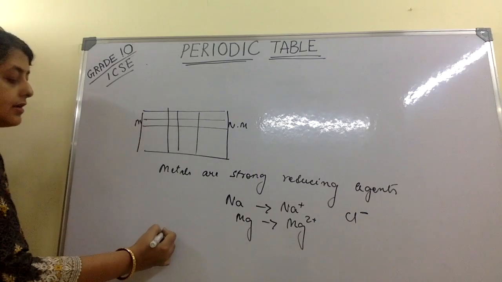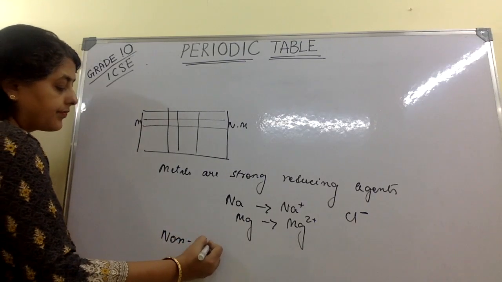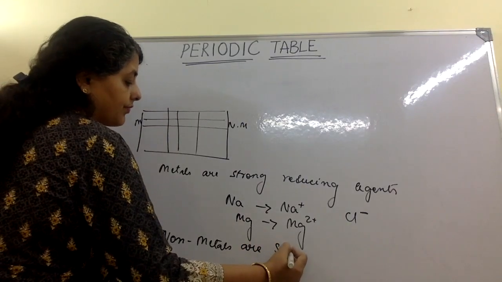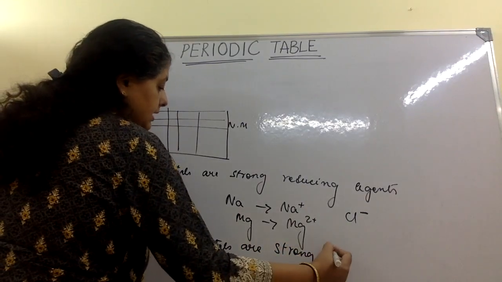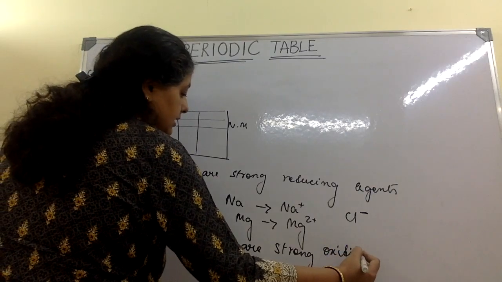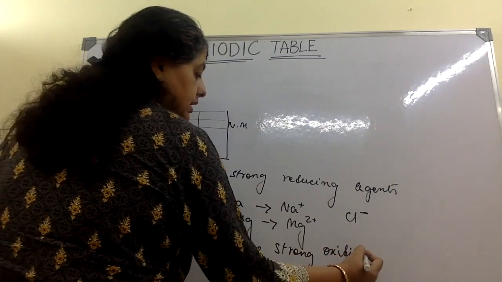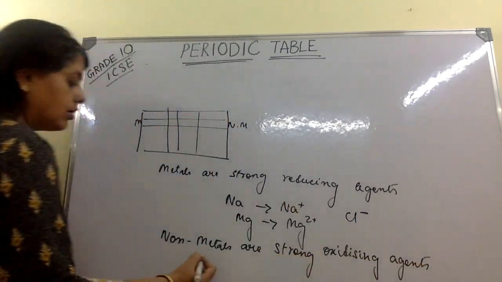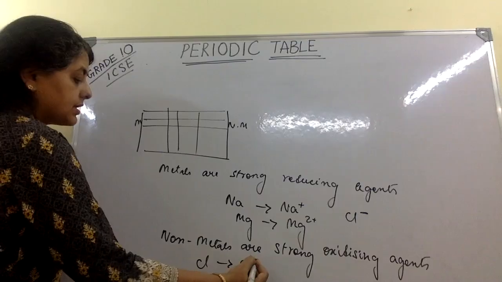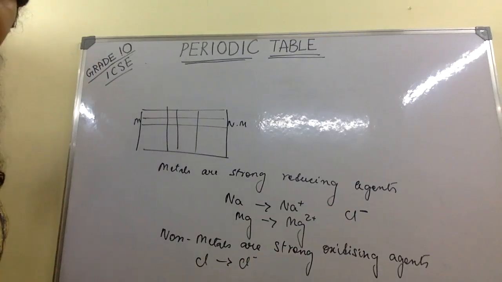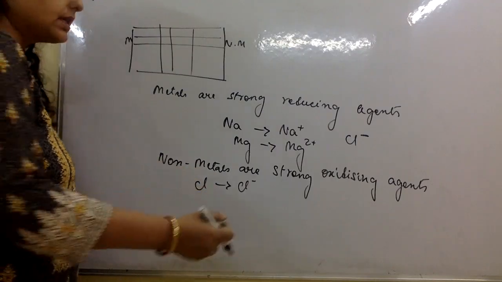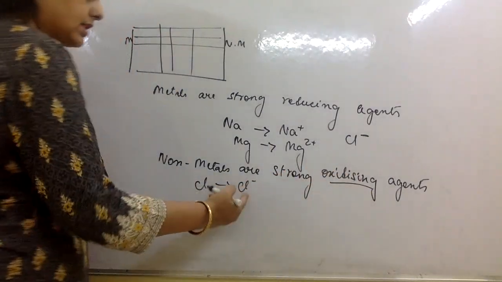So on giving electrons, sodium and the metals become very strong reducing agents. On the other hand, non-metals are strong oxidizing agents. If I talk about chlorine, which easily becomes Cl-, that means if any atom is snatching away electrons from others, then it becomes a strong oxidizing agent.